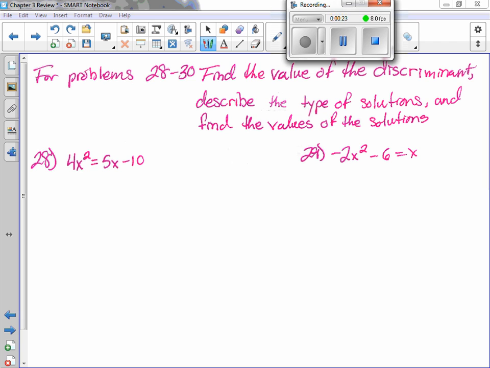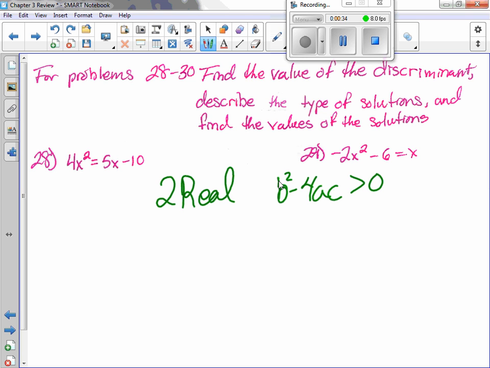So on any of these here, what we're talking about is our b squared minus 4ac. Now, if this is greater than 0, we have two real solutions. Now, if b squared minus 4ac is equal to 0, we have one real solution.